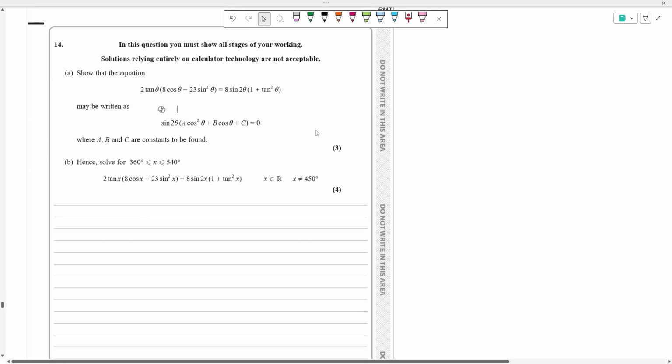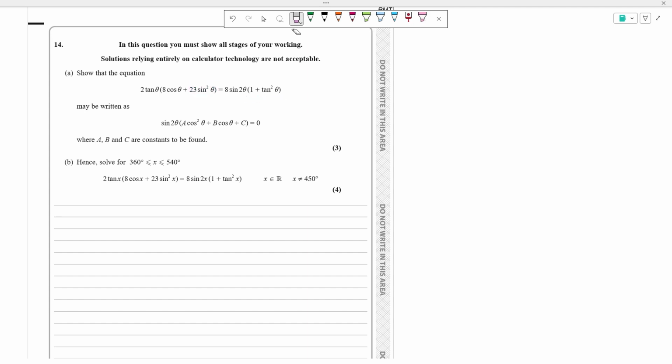Cool. Question 14. We've got a trigonometric identity question. And I think this was one of the hardest trigonometric identity questions that Edexcel has given for A-level, just because I think it's a lot of accuracy work here and a lot of identity work. Well, I noticed two things just by looking at part A. This and this.